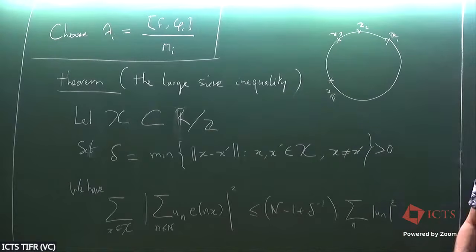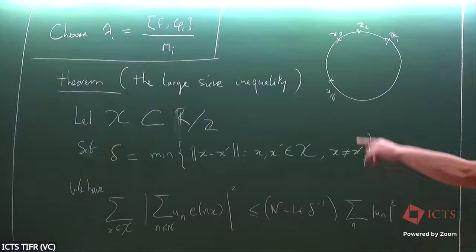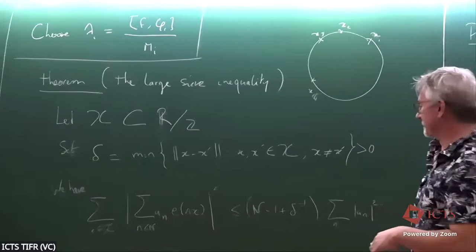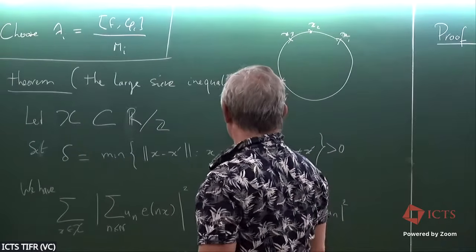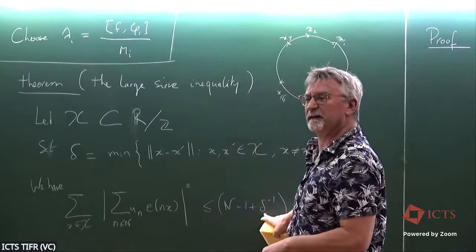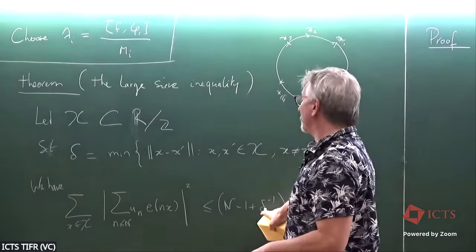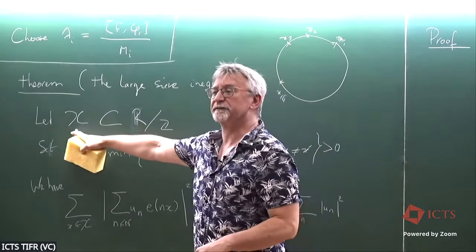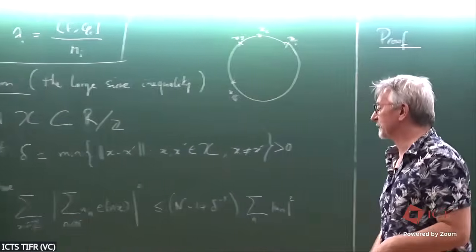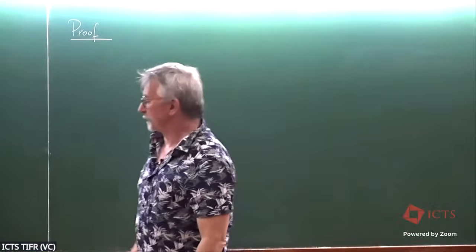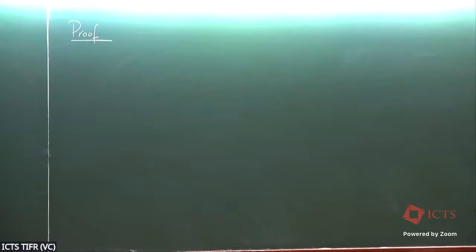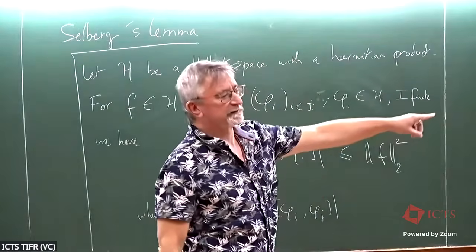Any idea how I should do? Sorry? It's delta. I mean, delta minus 1 is an upper bound for the size of X, in fact. Otherwise, it's a good idea to check. So you see, we have this lemma here, and we want to convert it into that lemma.